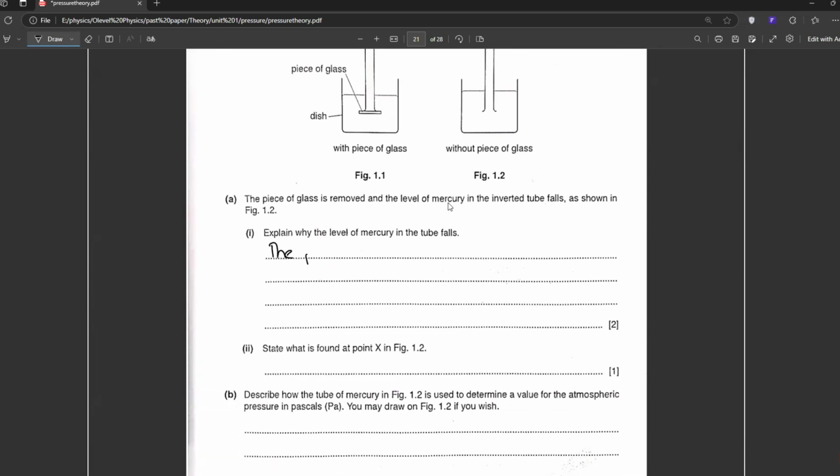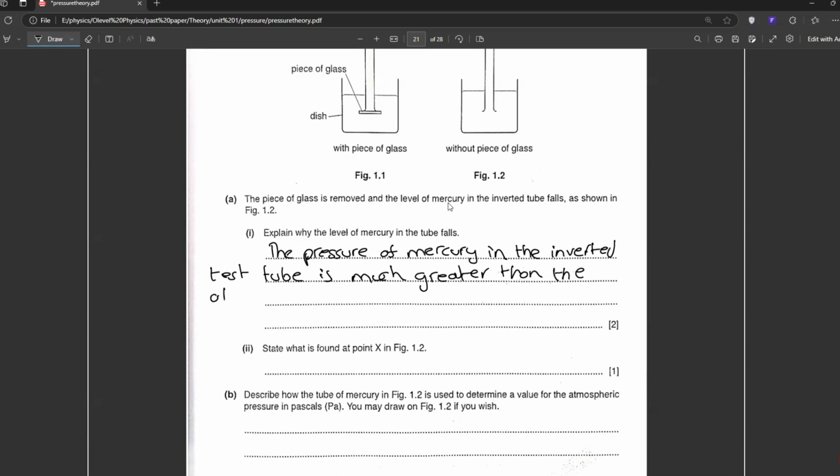The level of mercury in the tube falls. Why? Because the pressure of mercury in the inverted test tube is much greater than the atmospheric pressure.